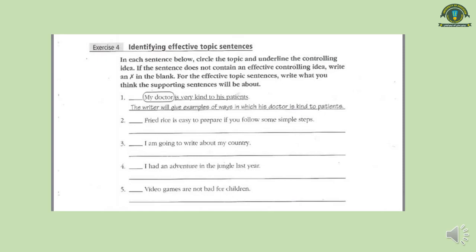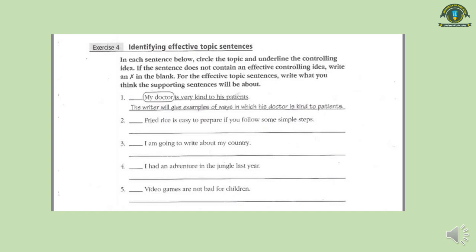So the writer will give examples of ways in which the doctor is kind to his patients. So what you can do now is write a paragraph on this, about how a doctor is caring towards a patient, and then similarly you can fill the rest of the 4 paragraphs.